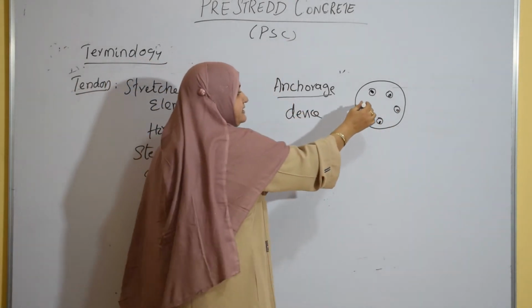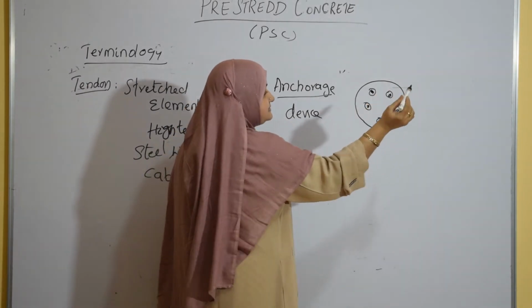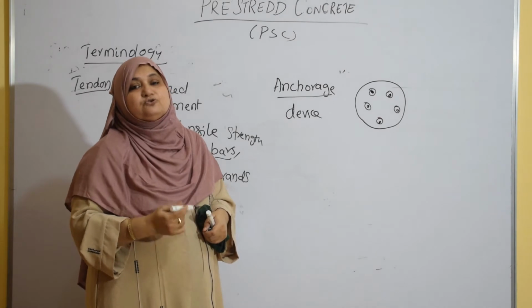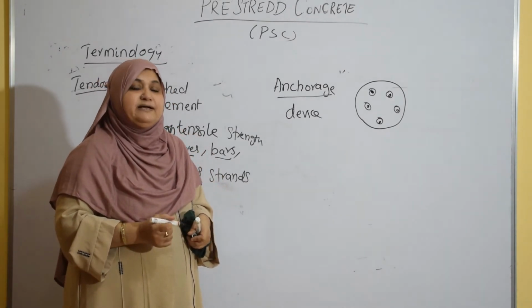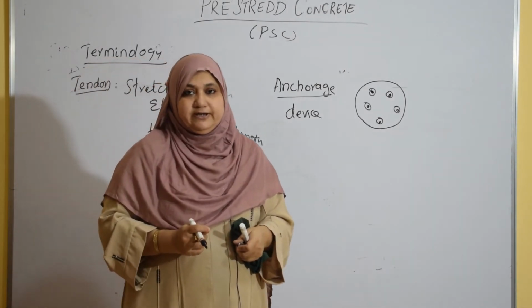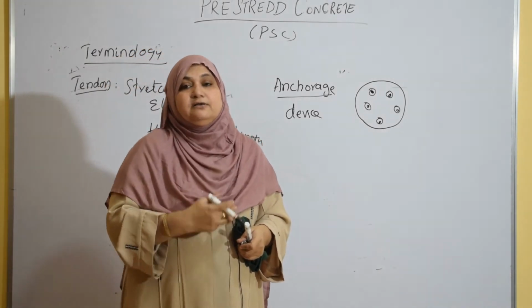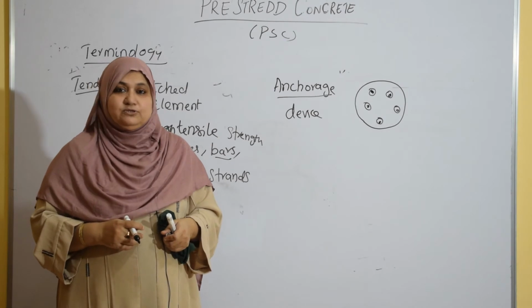It is not just one here; the wires will come like this and there will be another anchorage. So these are the devices which are used to impart the pre-stress and also to maintain the pre-stress in the concrete. Fine. So you can just see images in Google for how anchorages actually look.